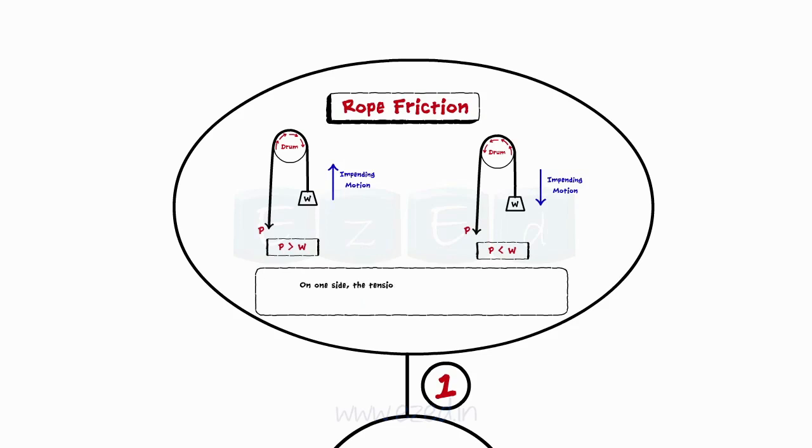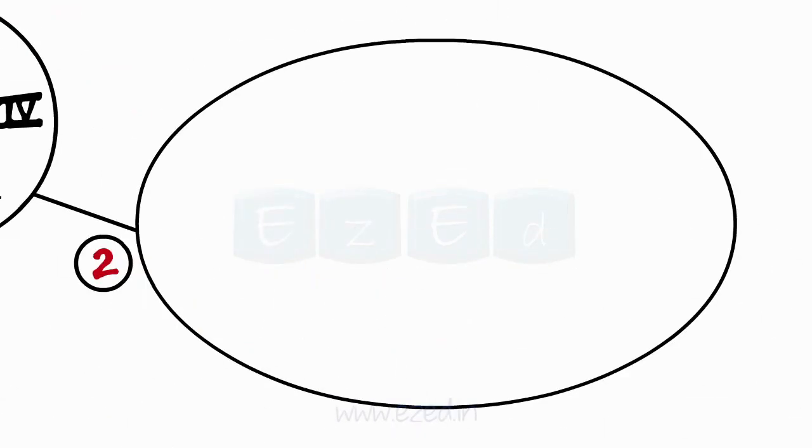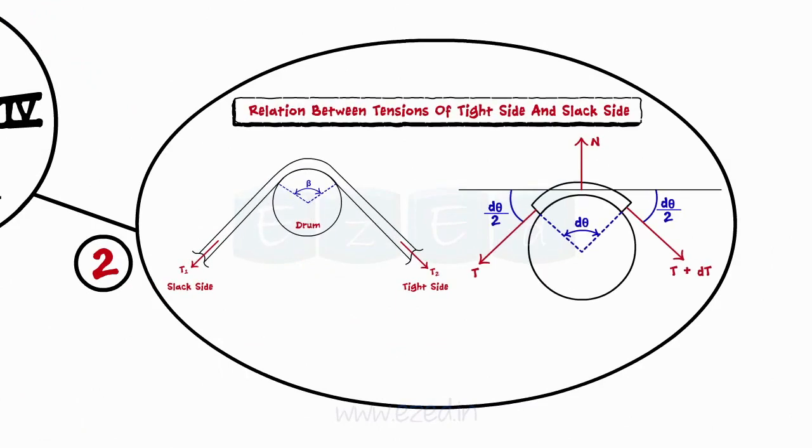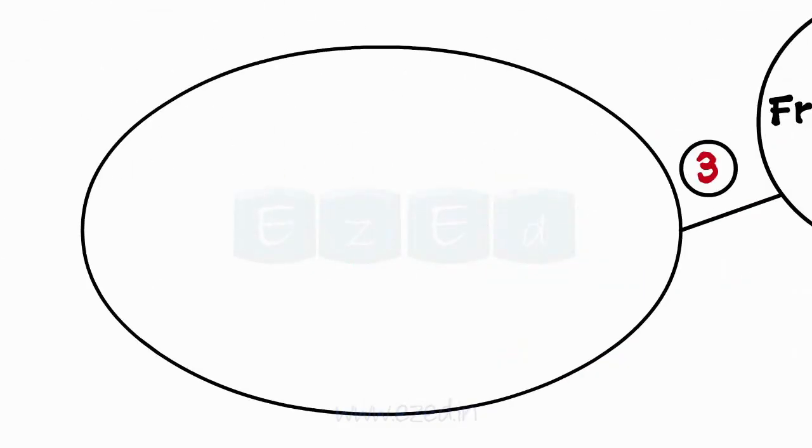On one side the tension is more, known as the tight side, T2, and on the other side the tension is less, known as the slack side, T1. Then, we derive the relation between the tight side and slack side of a rope wrapped around a drum. This is an important equation which gives us the relations between tension on the tight side and slack side of a rope. Then we learned about tipping.